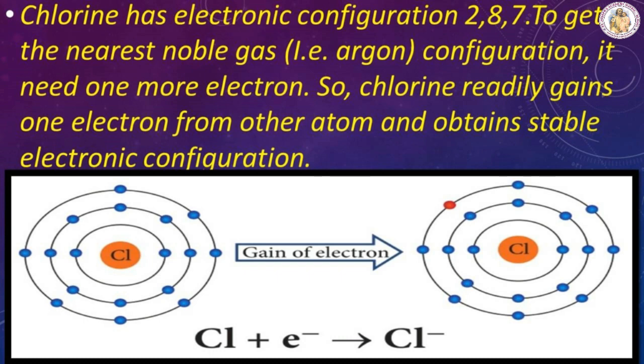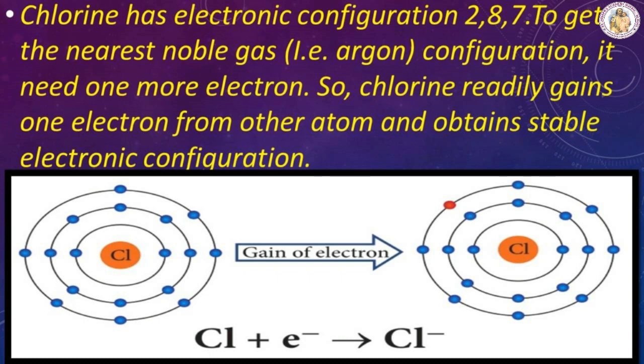Now come to the picture. In the chlorine atom, in the first shell 2 electrons, in the second shell 8 electrons, in the outermost shell 7 electrons. So they need 1 electron from the other atoms. So they gain 1 electron from the other atom and form a what?